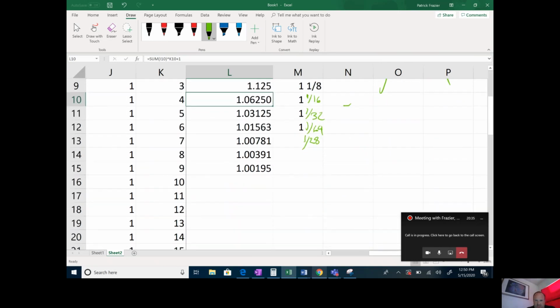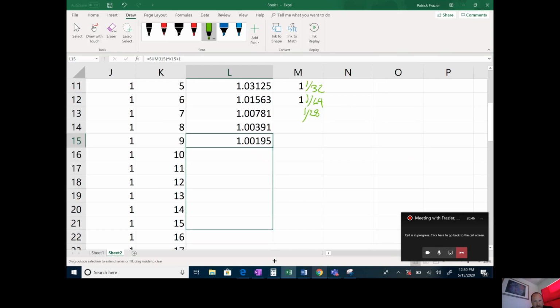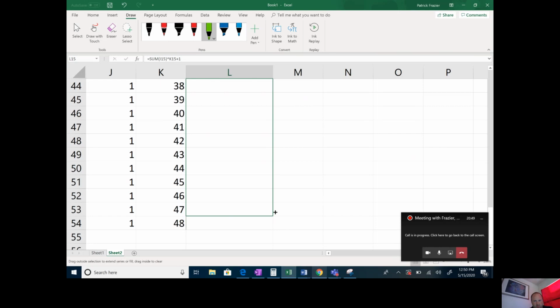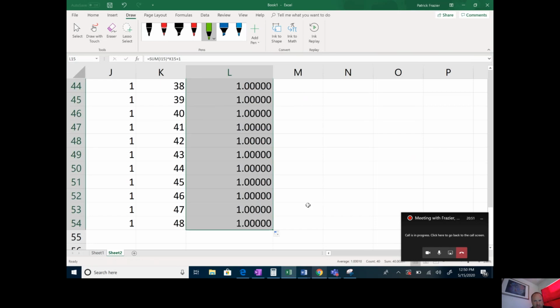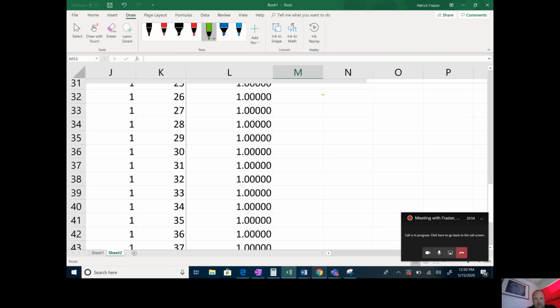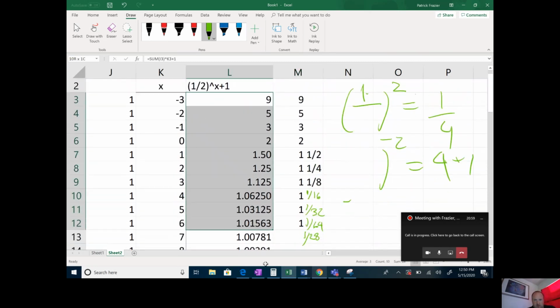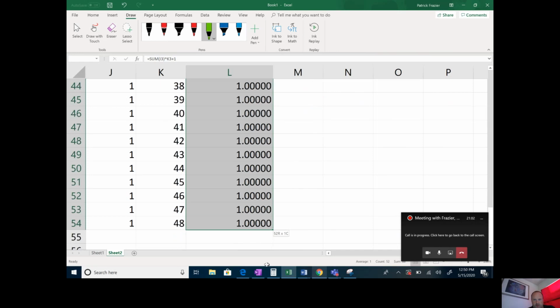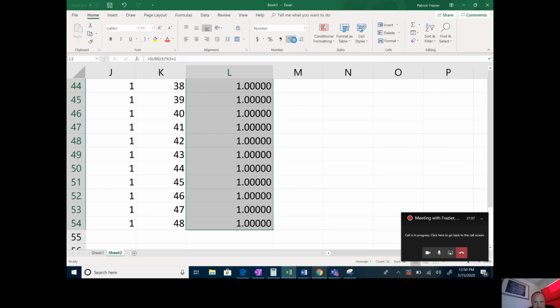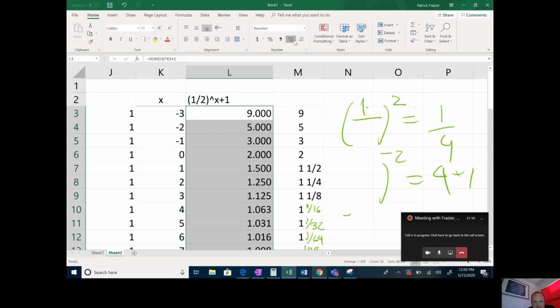Well, in the other direction, and I'll show you guys a graph of this in 2 different platforms, but I'm just going to drag this formula down, all the way to 48, and I'll go back up. You see that it's rounding everything to 1.